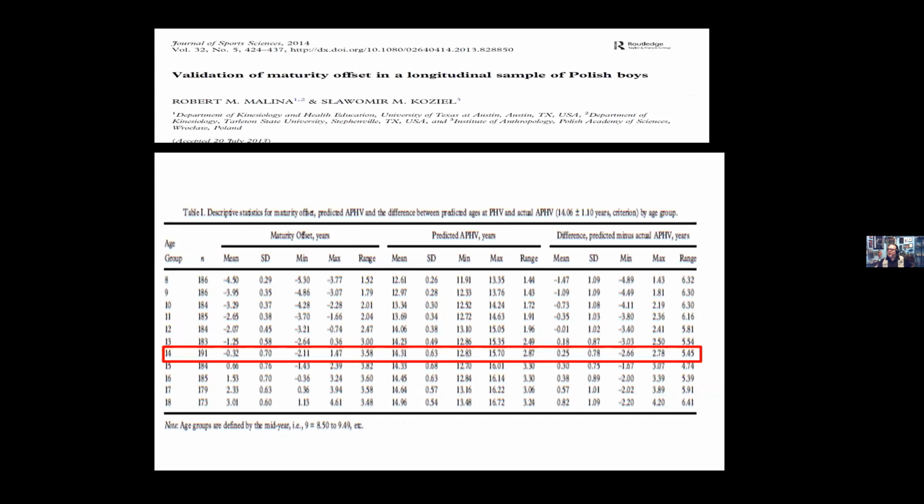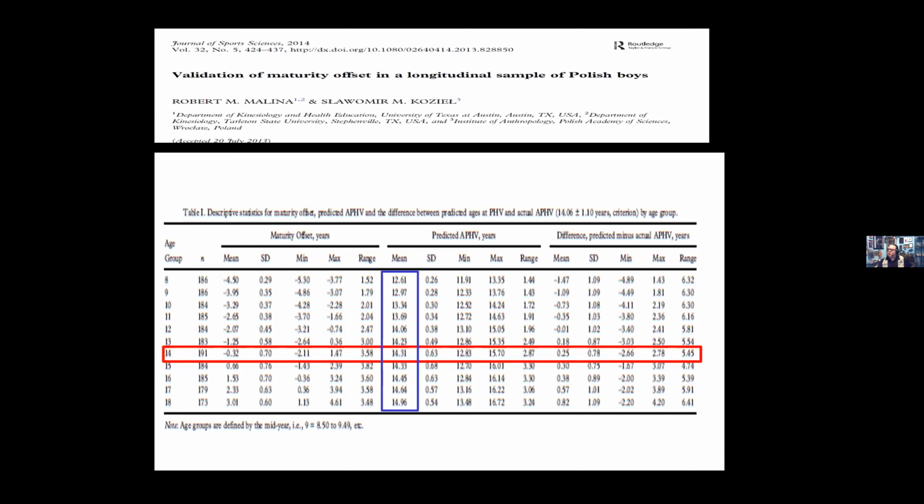What he found was that at 14 years of age, the maturity offset gave a value of -3.2, so basically it's close. And the predicted value was 12.8, so a difference of 0.25 years. That's well within the error of half a year that was suggested.